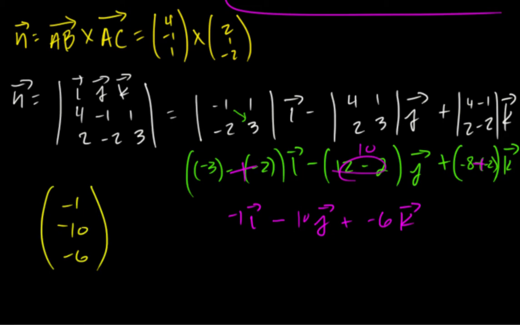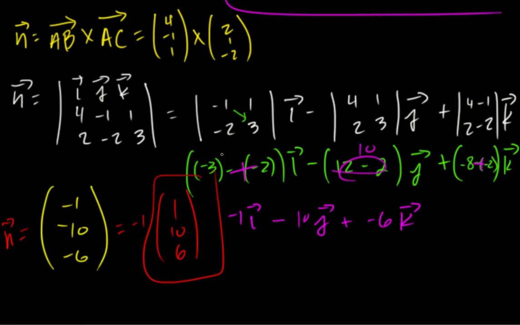And because if this is n, we could also have this, which means we could just use this piece of it, because these would be parallel to each other, and if they're parallel to each other and this one's normal to the plane, this is also normal to the plane. So to make it easier, we're just going to do the positive version of all those, but we could leave them negative as well.